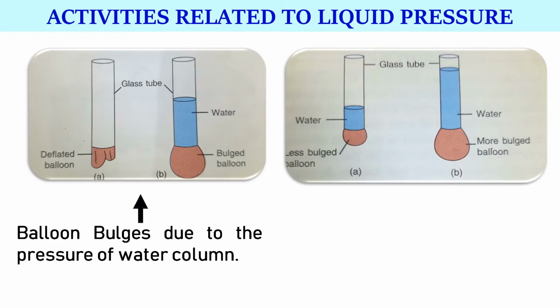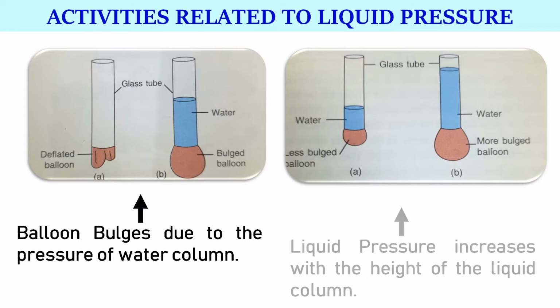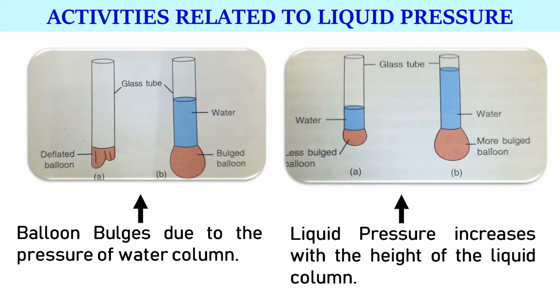You will find that the balloon bulges more as shown in figure B. This shows that greater the height of the water column in the tube above the balloon, greater is the pressure exerted by it on the balloon. This shows that liquid pressure increases with the height of the liquid column.